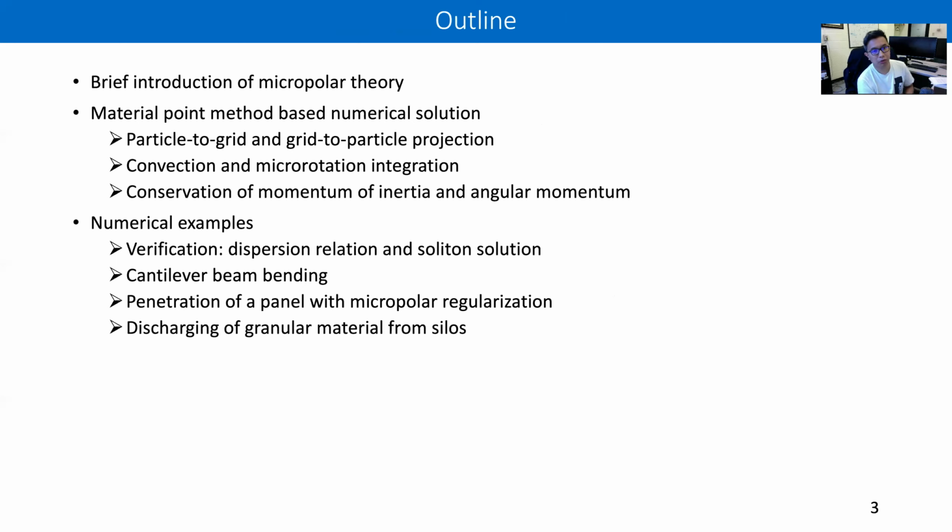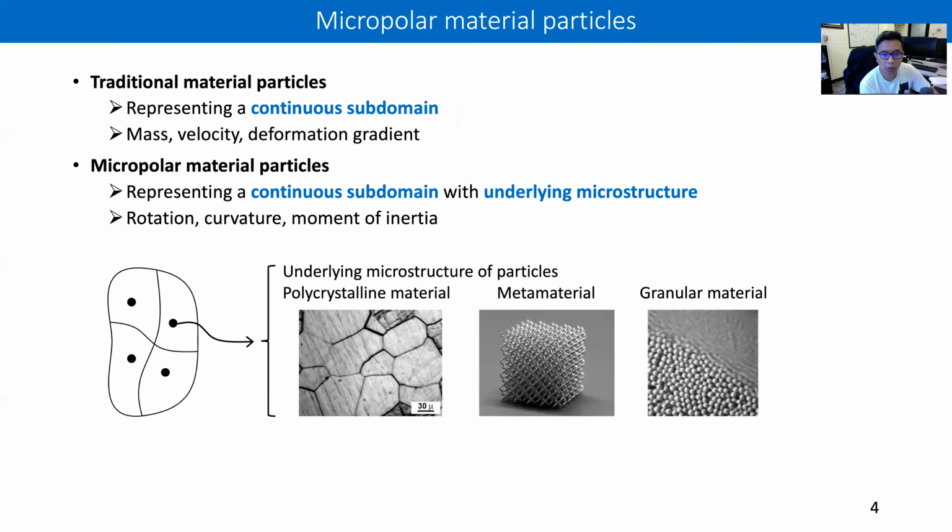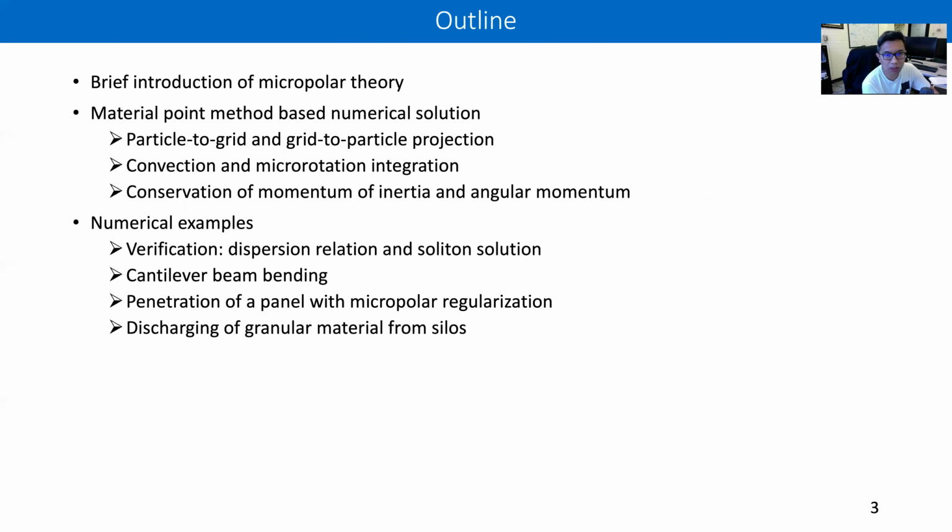So a brief review of the micropolar theory. Our micropolar material is one type of higher order continuum where the micro rotations are considered significant enough to be captured in the kinematics.